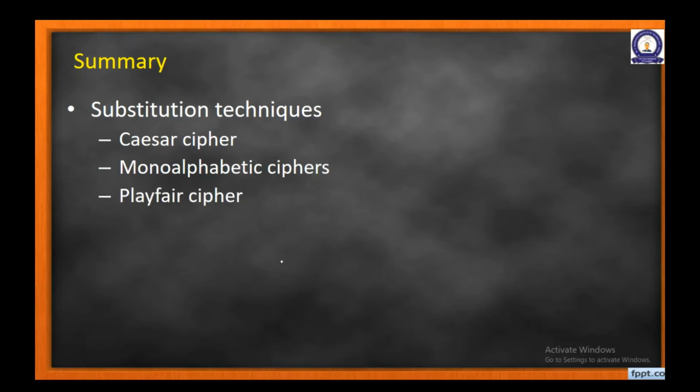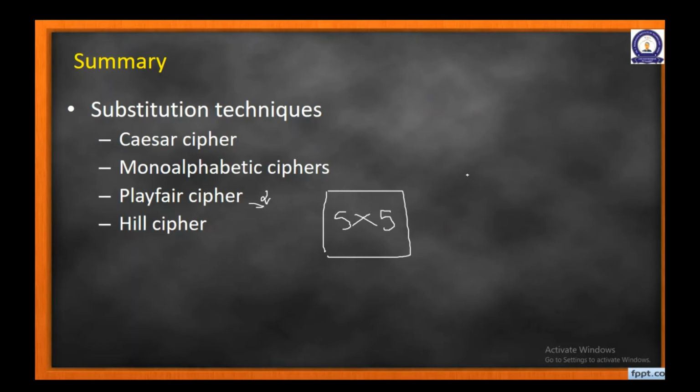Then I had the Playfair cipher. A keyword will be given to me, and then I will be writing that keyword in a 5 by 5 matrix. And here I will always take 2 letters together, and then I will be doing the encryption.